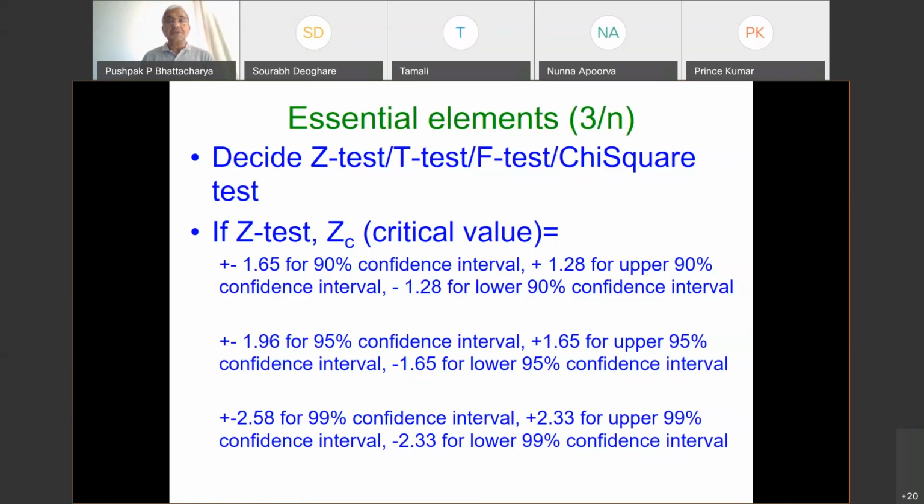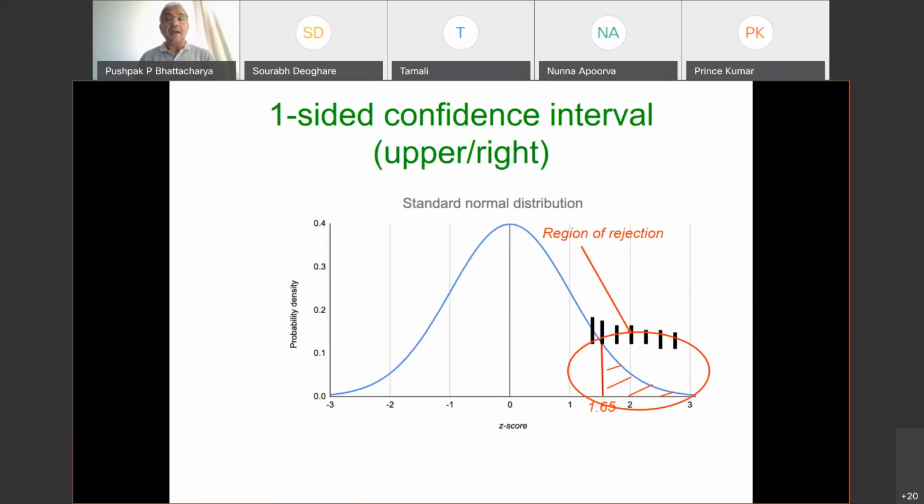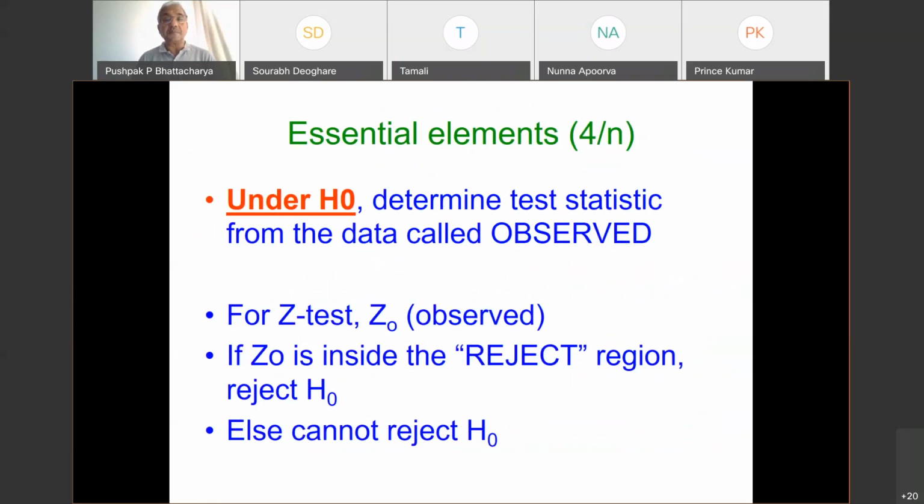To summarize, we have taken action on H0, the null hypothesis, decided the confidence interval, and decided the kind of test, Z-test, T-test, etc. So let's move forward with the Z-test, and we look at the problem that is under discussion now. After we have decided H0, we begin examining the consequence of H0.